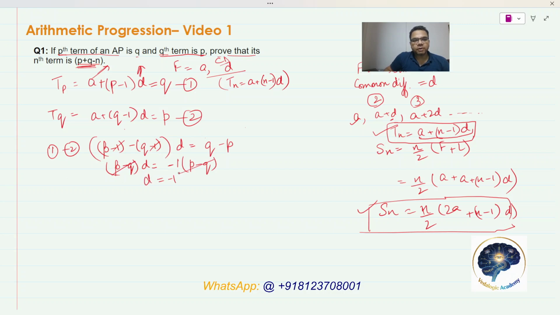Now D equals minus 1 is what we have understood from here. Now I'll put D equals minus 1 in any of the equations we have. Let's say I'm putting it in the first one.